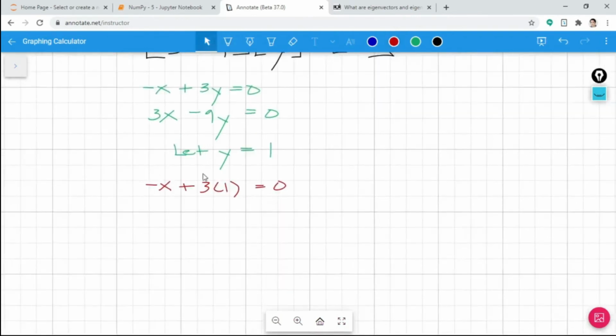Okay, so we solve for the value of x because we let y equals 1. So if we transpose this one, 3 is equivalent to x. Okay, so the eigenvector of the eigenvalue 8 is this one. So we got 3 and 1.